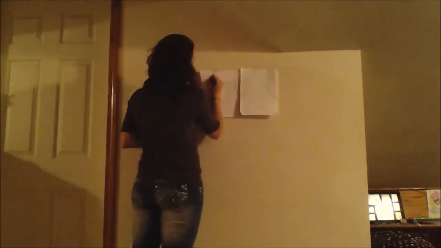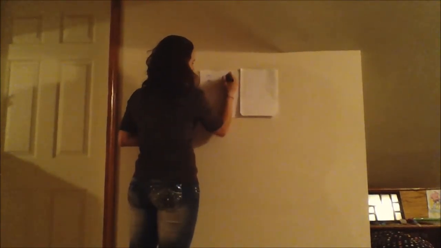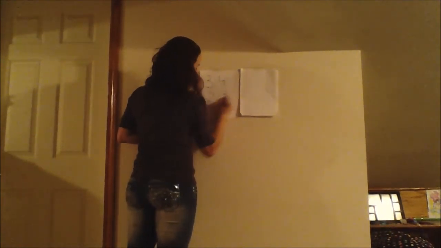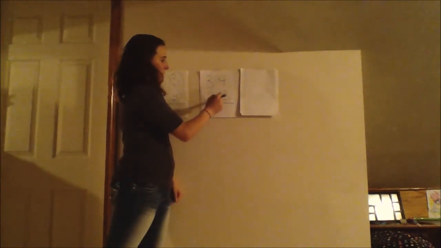Now we are going to start off doing a 2-digit by 2-digit multiplication in standard form. So we are going to take 34 times 23. And we are going to take the 3 and multiply.